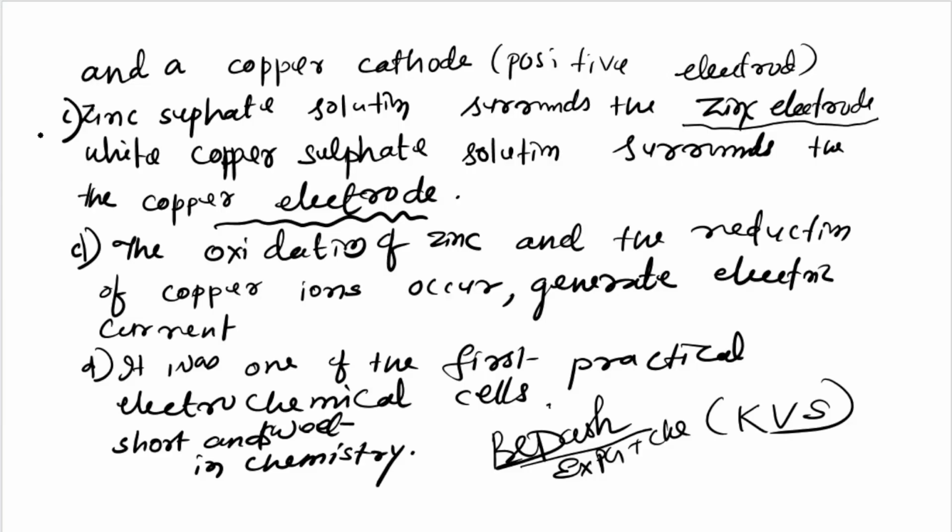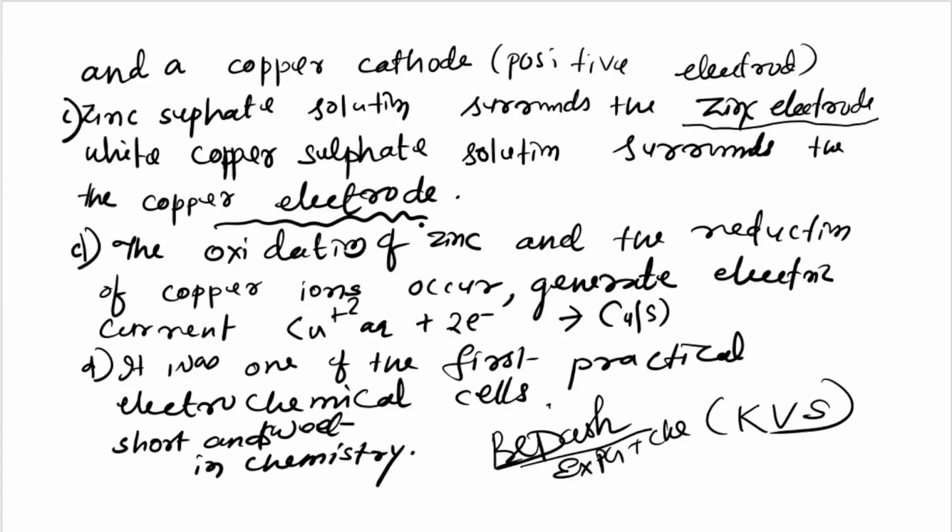So Cu2+ accepts 2 electrons and changes to Cu solid. Similarly, zinc loses electrons: zinc loses 2 electrons and changes to Zn2+.